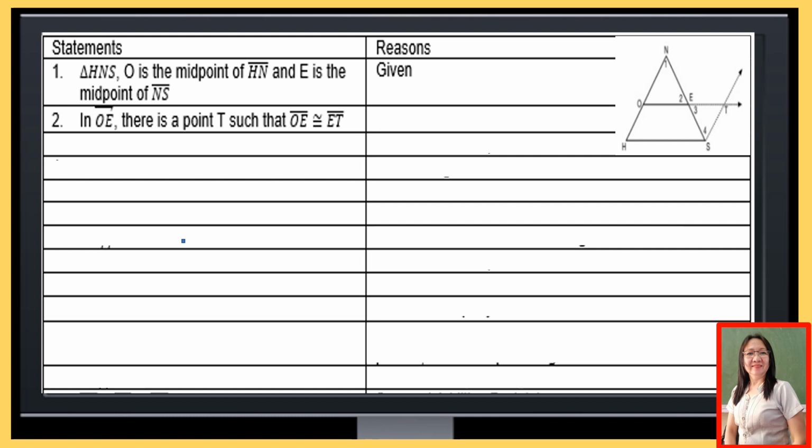That is by the line postulate. So we can conclude that segment NE is congruent to segment ES through the definition of midpoint. We can now say that angle 2 is congruent to angle 3 because of the vertical angles theorem.